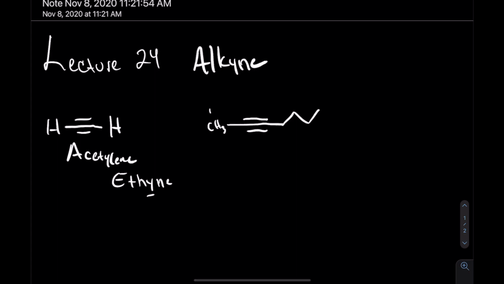You can count 1, 2, 3, 4, 5, 6, 7, and so this is a hept. And the start of the alkyne is at the 2 position, and you just add Y and E onto the end of it.